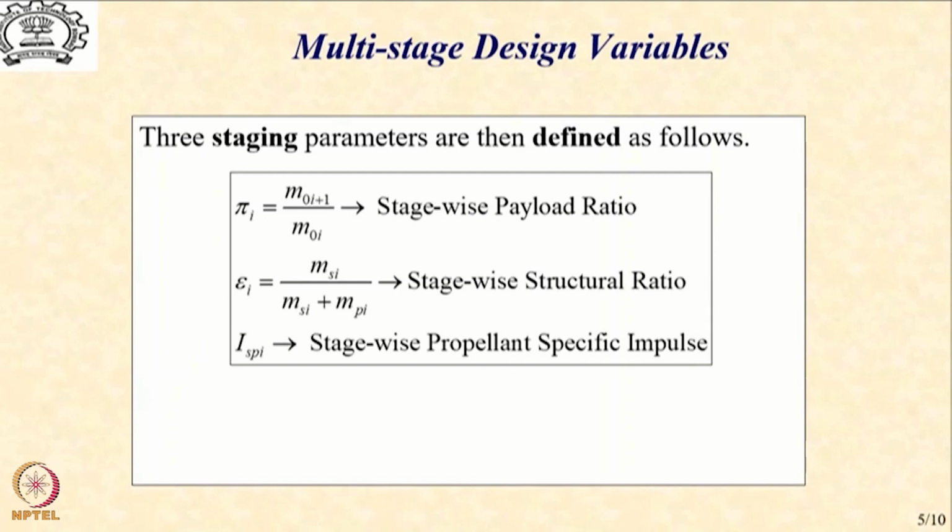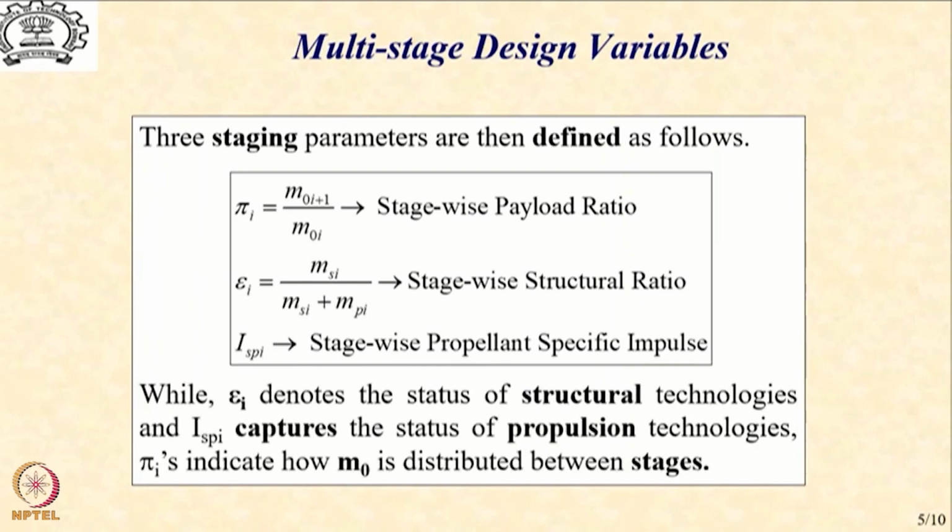In some way, it also tells you how efficient your stage is, that is, how much propellant you can carry for a given stage. And lastly, of course, Isp i is as we have seen earlier.